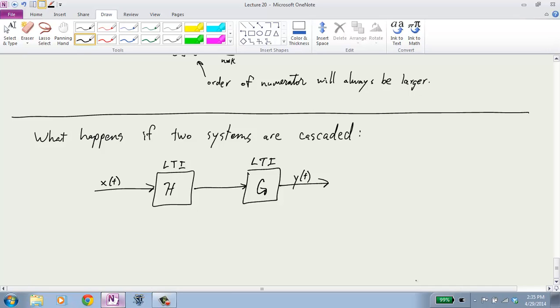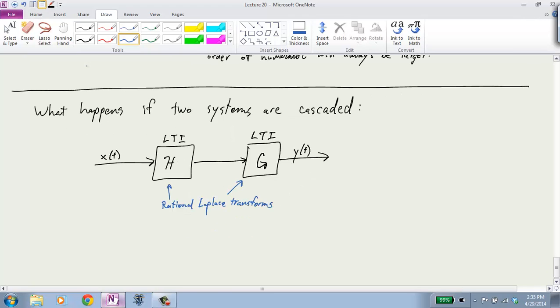Okay, suppose these have rational Laplace transforms. So we know that in general, what comes out here, if we take the Laplace transform of this and call it x of s, what comes out here will be h of s times x of s, because of the convolution property.